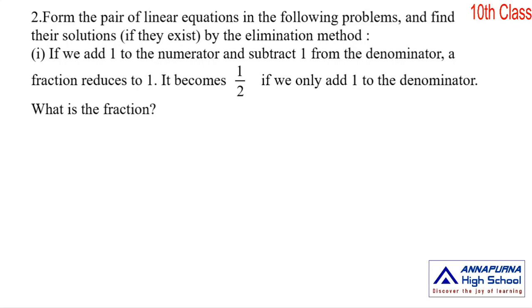Okay, so if we add 1 to the numerator and subtract 1 from the denominator, a fraction reduces to 1, and it becomes 1 by 2 if we only add 1 to the denominator. What is the fraction? So it is very clear. So what are the unknowns in this situation? The numerator and denominator of the fraction. Let us take the numerator and denominator as x and y.